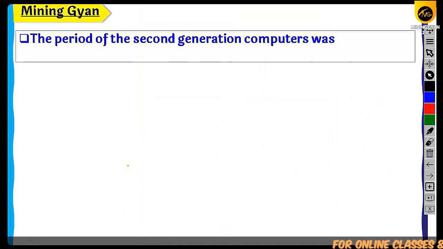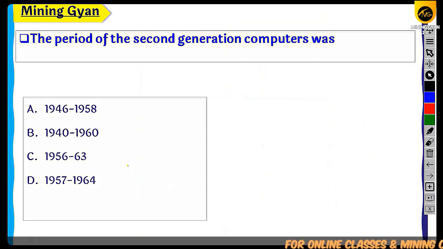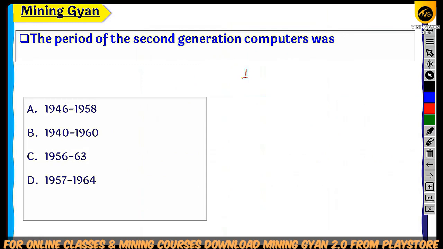Now the next one: the period of second generation computers was 1946 to 58, 1940 to 60, 1956 to 63, or 1957 to 1964. So the first generation started from 1940 to 56. Then the second generation started from 1956 and lies between 1956 and 63.